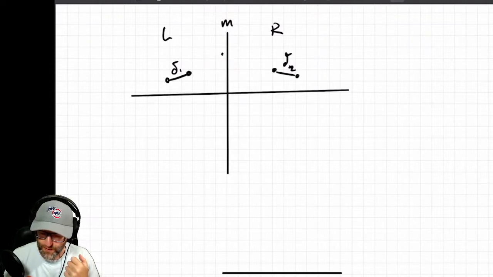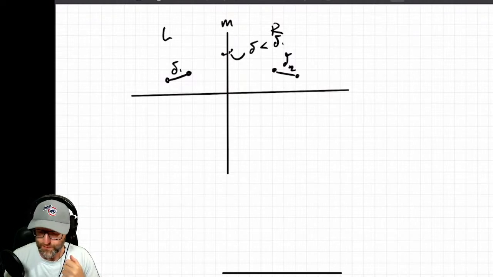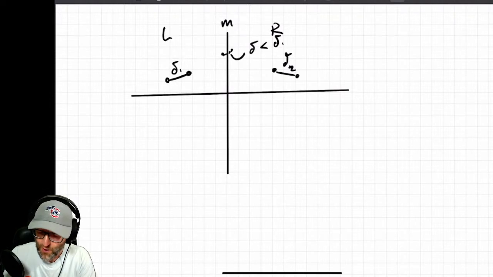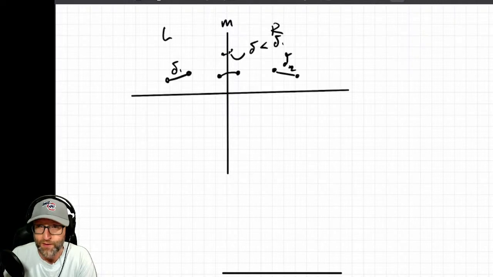For example, there could be a point here and a point here very close to our dividing line, with a distance that is less than both delta 1 or delta 2. We can't simply just partition it and then say, well, that's good enough. We also have to consider what about a point that might have been over here in the left partition and a point that might have been over here in the right partition?